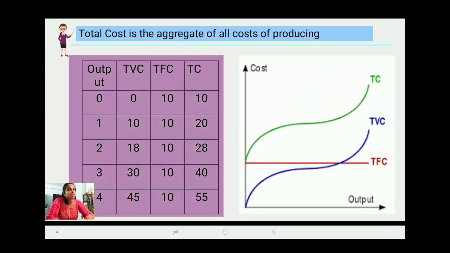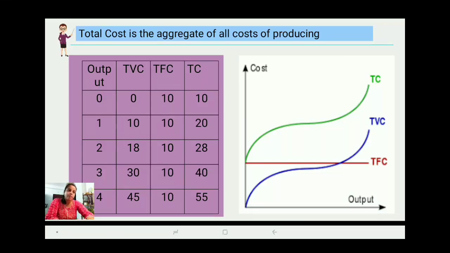Now we come to the total cost, which is the combination of total fixed cost and total variable cost. In this table we have combined both, and this gives us the total cost. At 0 level, since there is only fixed cost, we have a total cost of 10, but as output increases our variable cost increases, and as usual our total cost also increases.